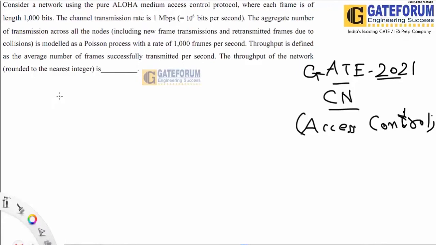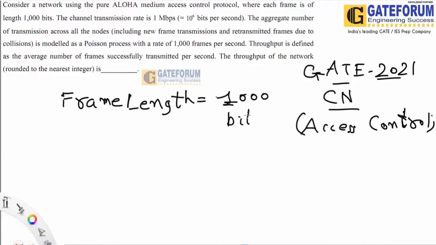Now how can we check this? If we identify the frame length, what is the length of the frame? It is basically 1000 bits. The channel transmission rate, or you can say the bandwidth, is basically 10 raised to 6 bits per second. So this is your bandwidth, and this is your frame length.